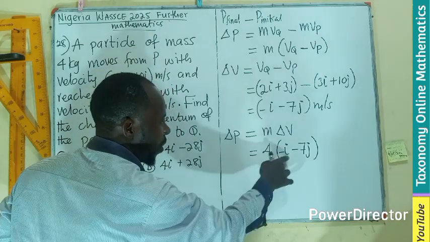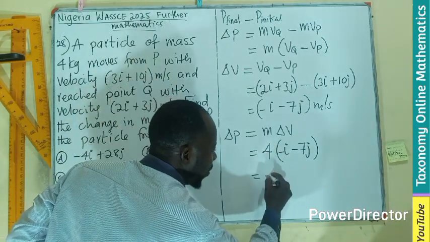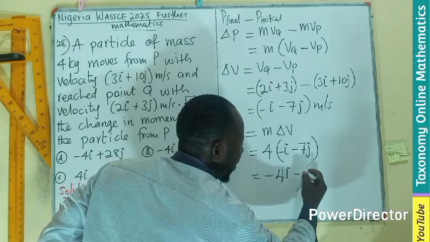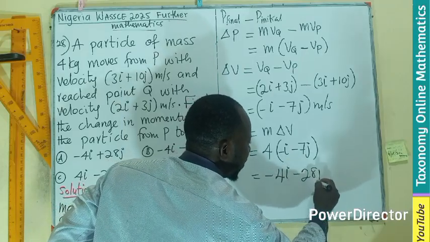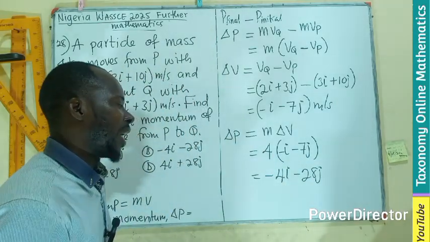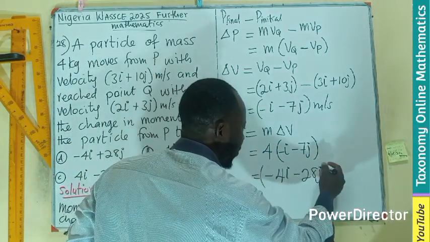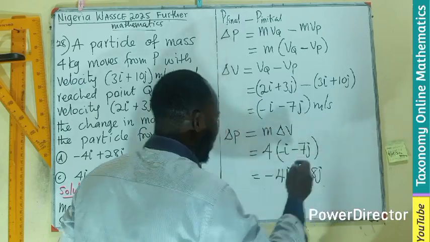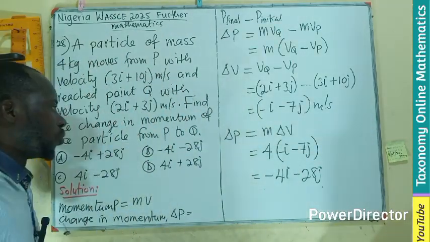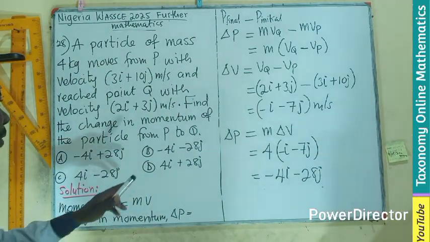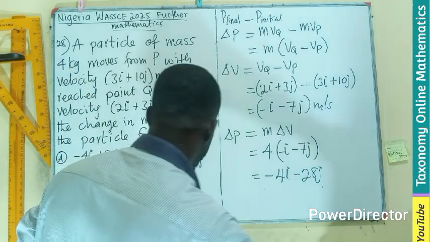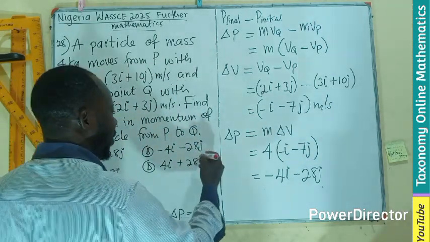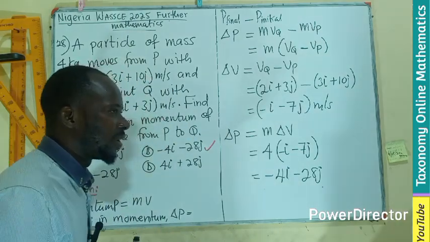What will it be? 4 times negative i will be negative 4i. 4 times negative 7 will be negative 28j. So this is going to be the change in momentum from P to Q. Let's see the option that will best fit. I think option B will be best for this calculation.